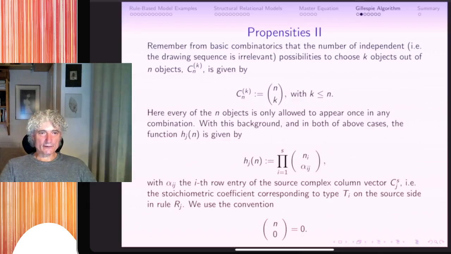But on the other hand, if all the types are very abundant, then h_j(n) is also a very, very large number. And then you can see by this combinatorial effect that stochastic effects are not coming much into play. So this is exactly the structure of h_j(n), and we use the convention that n over 0 is just 0. So if there is no type i needed, then this is just set to 0.